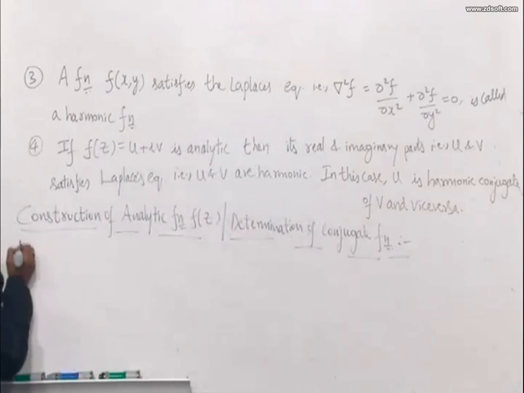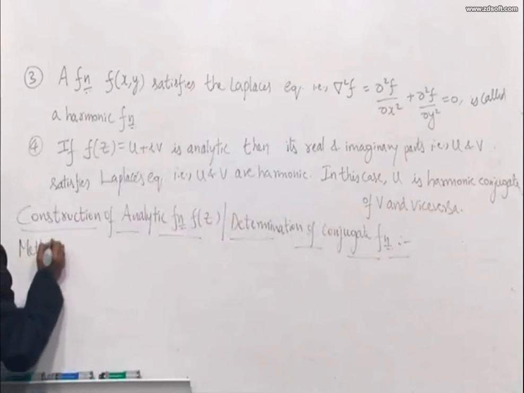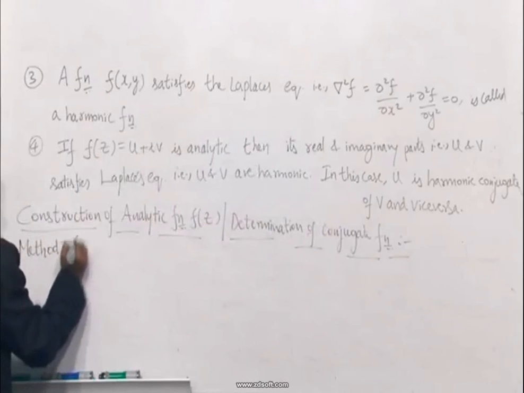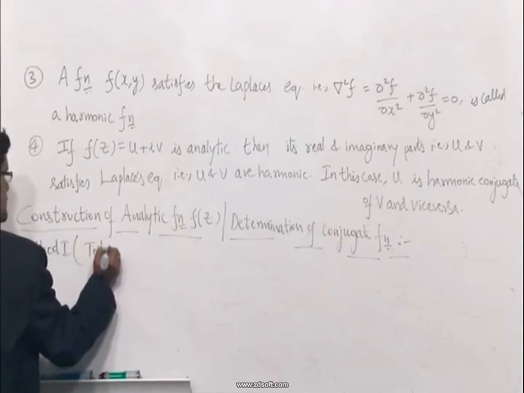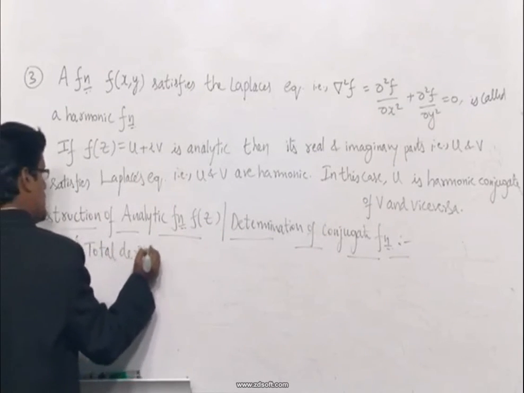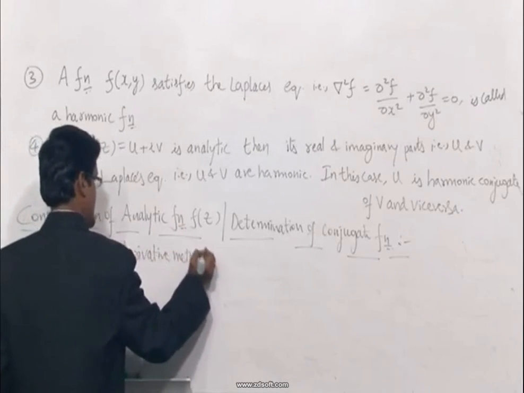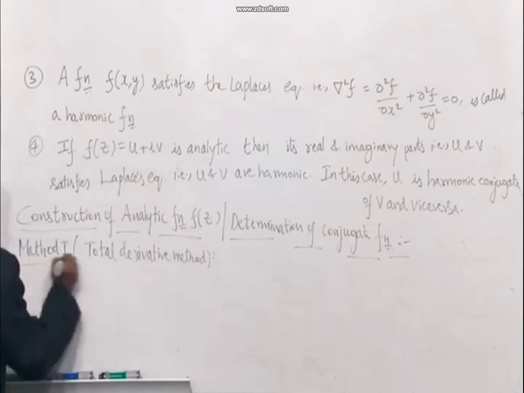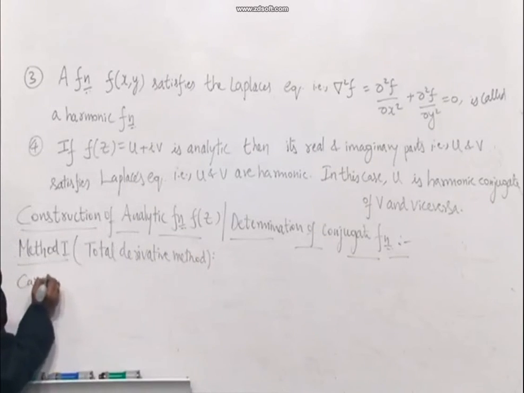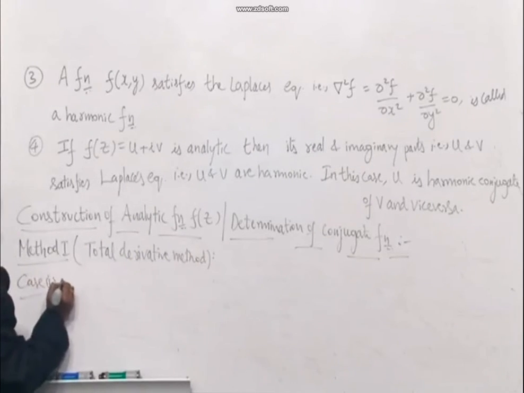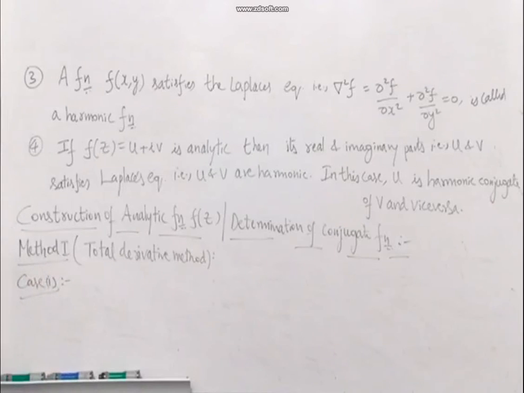Two methods. Method 1, named as total derivative method. In each method, two cases, case 1 or case A.